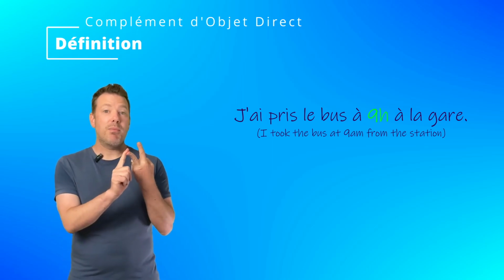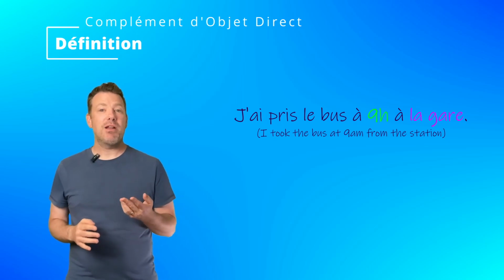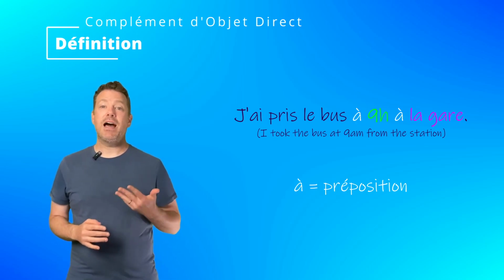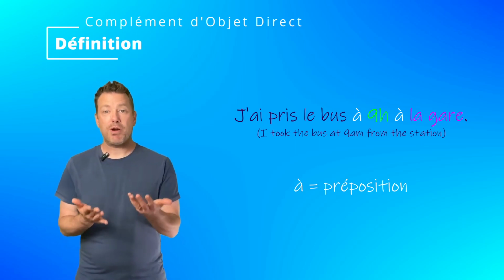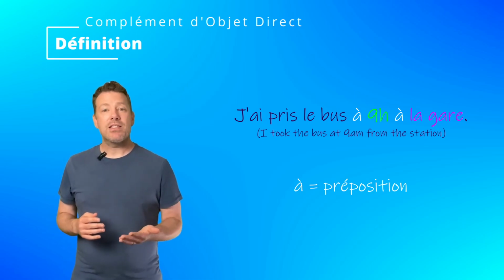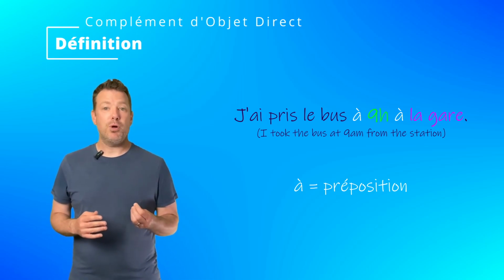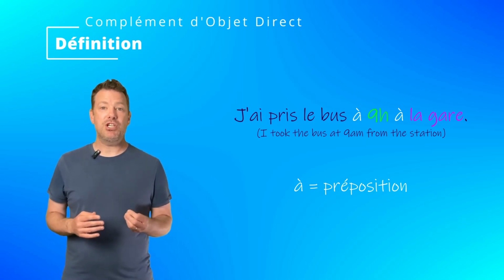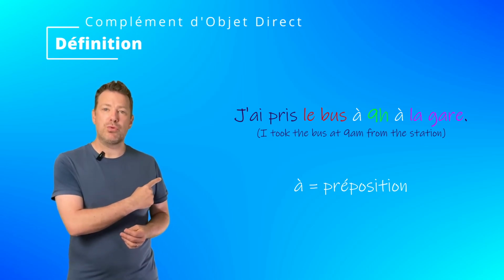There is also a complement of place, la gare. Note that these complements are both introduced by à, which is a preposition. And lastly, there is a direct object complement that directly completes the verb without the go-between of a preposition. And this direct object is le bus.